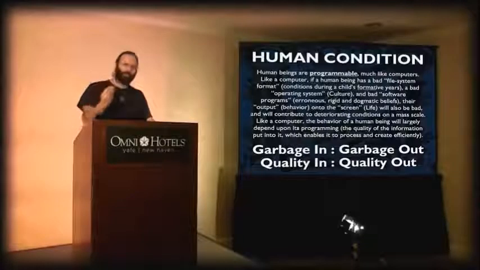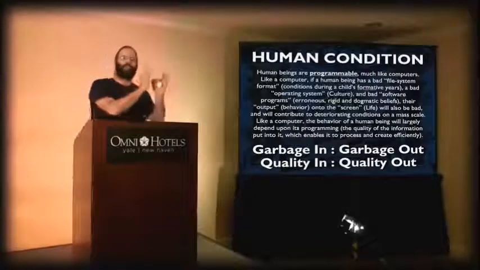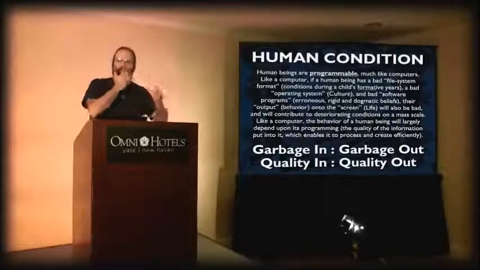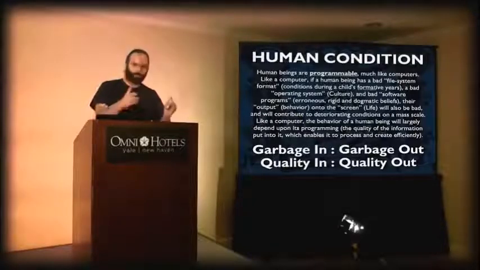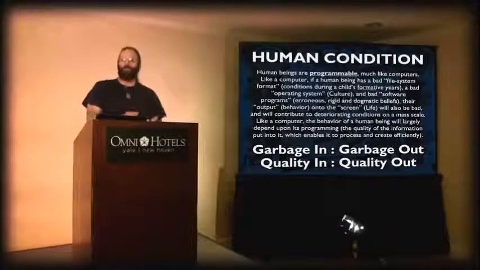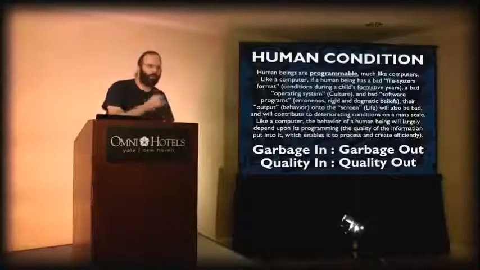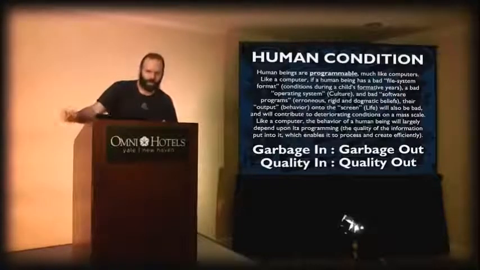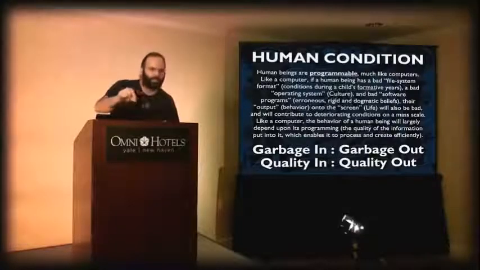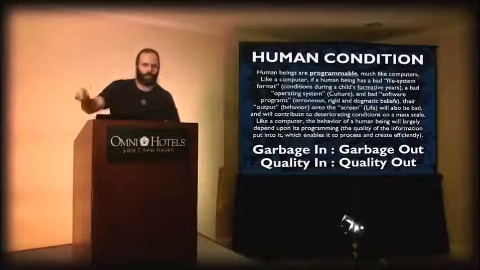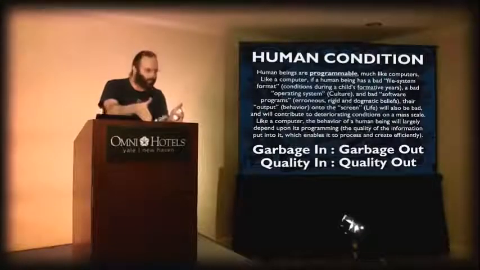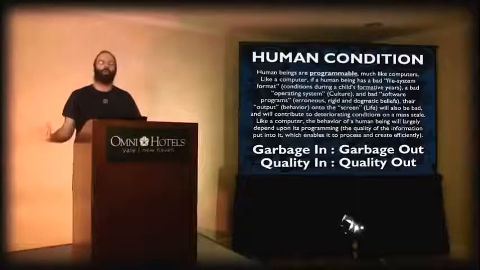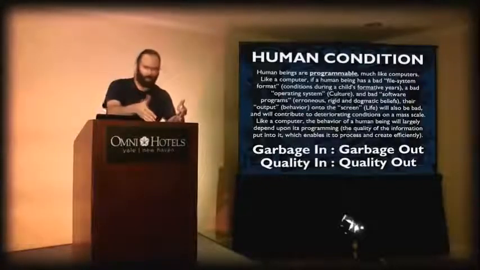So if the human being has a bad file system format, this is akin to the operating conditions during a child's formative years, the first 6 years of their life, essentially. Now, think about it. We call this their formative years. Like a format on a hard drive, because this is what puts the file system into the human being, that prepares it for its operating system.